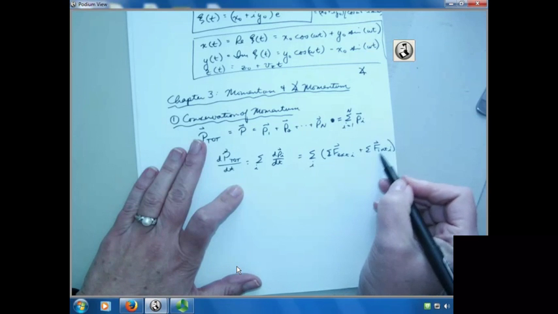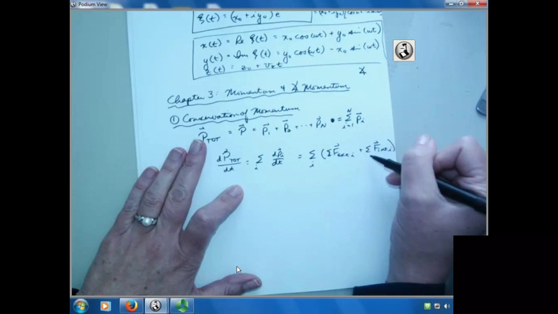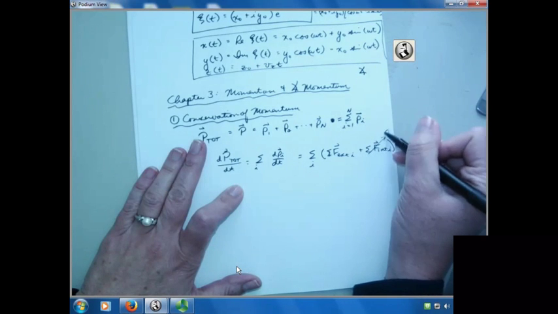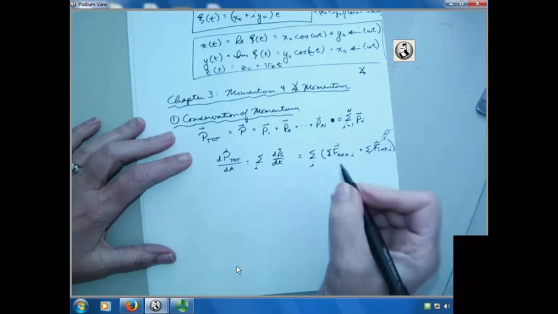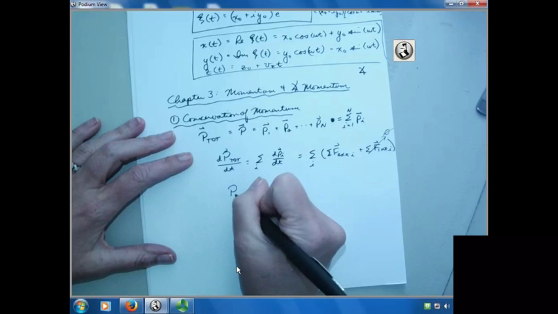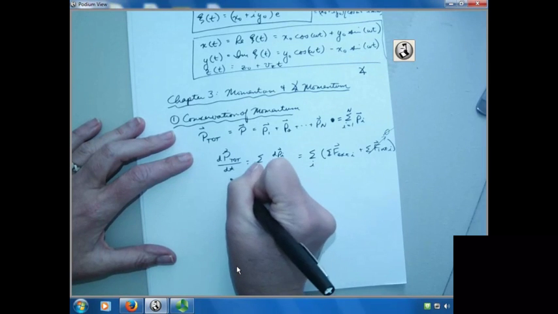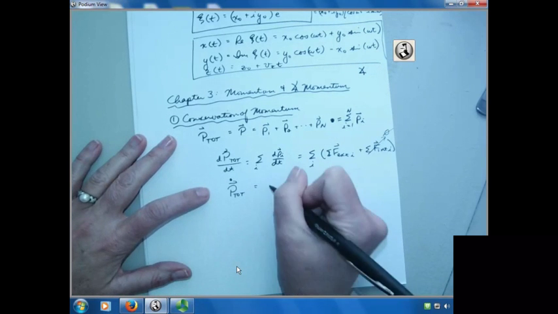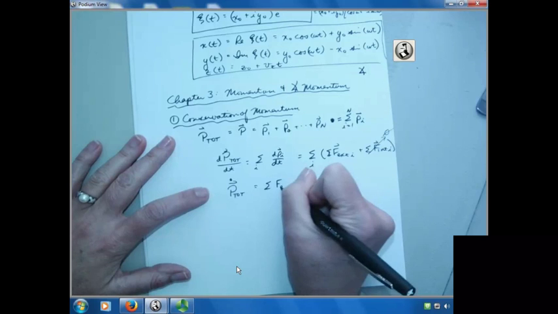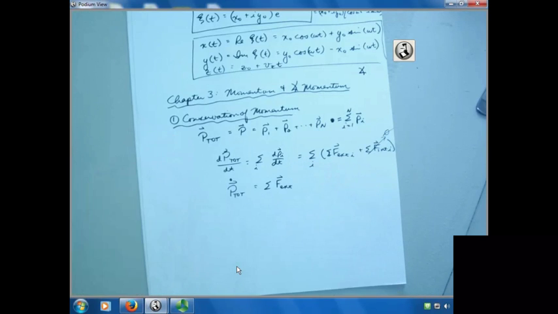Now, if I sum over all particles and I'm summing internal forces, they will all add up to 0, because for every one there will be an equal and opposite one somewhere in my sum. And so what I get is that the time rate of change of the total momentum, I'll go ahead and use the dot representation there, is equal to the sum of all external forces on every particle in my system. Okay.